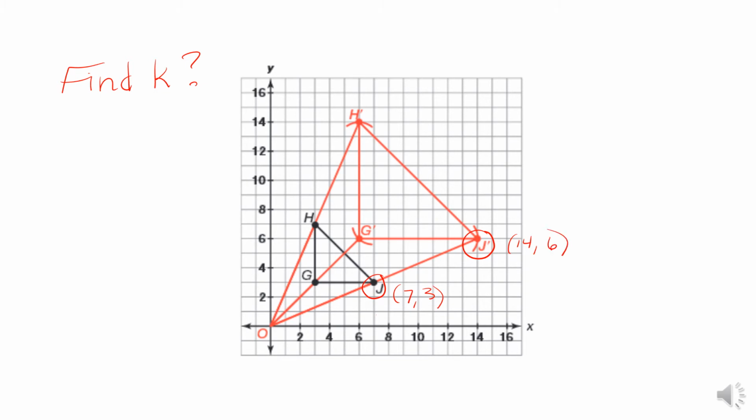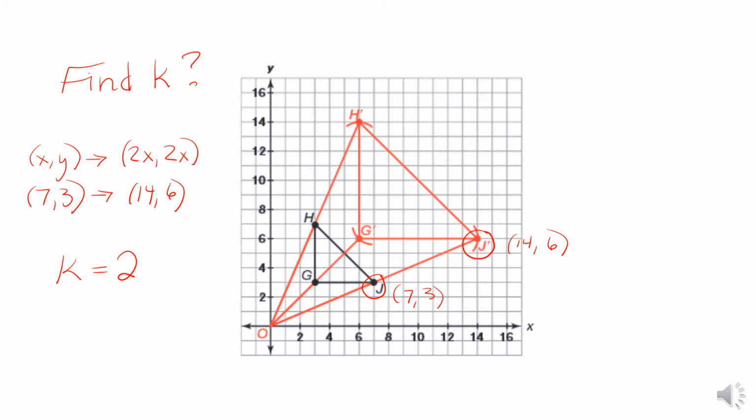Then I can look at this. My original XY was 7, 3, and it's going to 14, 6, and I can see that I multiplied both of them by 2, and that gives me a K of 2.